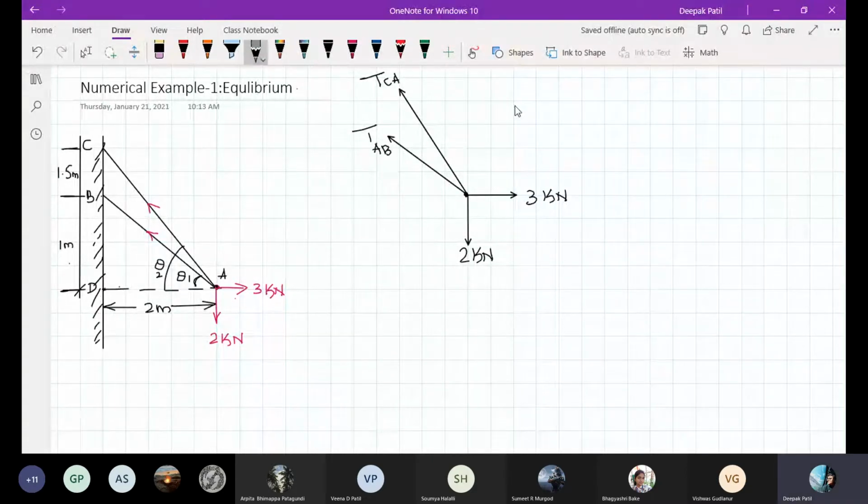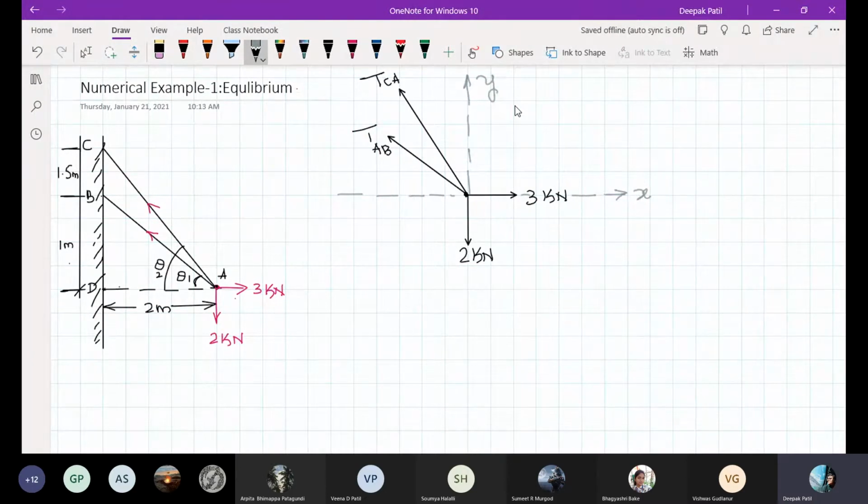Let me mark the X and Y axes. This is the X axis, and let me mark this as the Y axis. Also, you don't know the angles made.